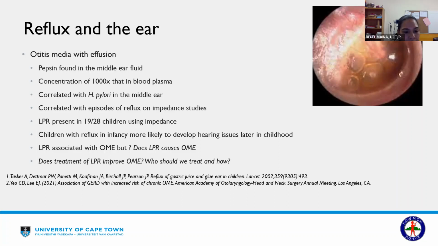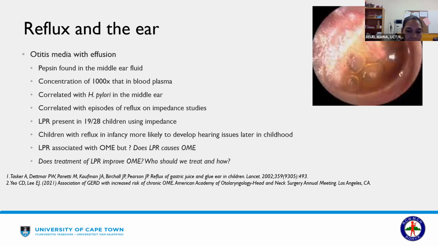In this study done with Tosca et al., they showed that patients with LPR present, so 19 out of the 28 children looked at with impedance testing, 19 out of 28 of them had LPR. They also determined that children with reflux in infancy were more likely to develop hearing issues later on in childhood.